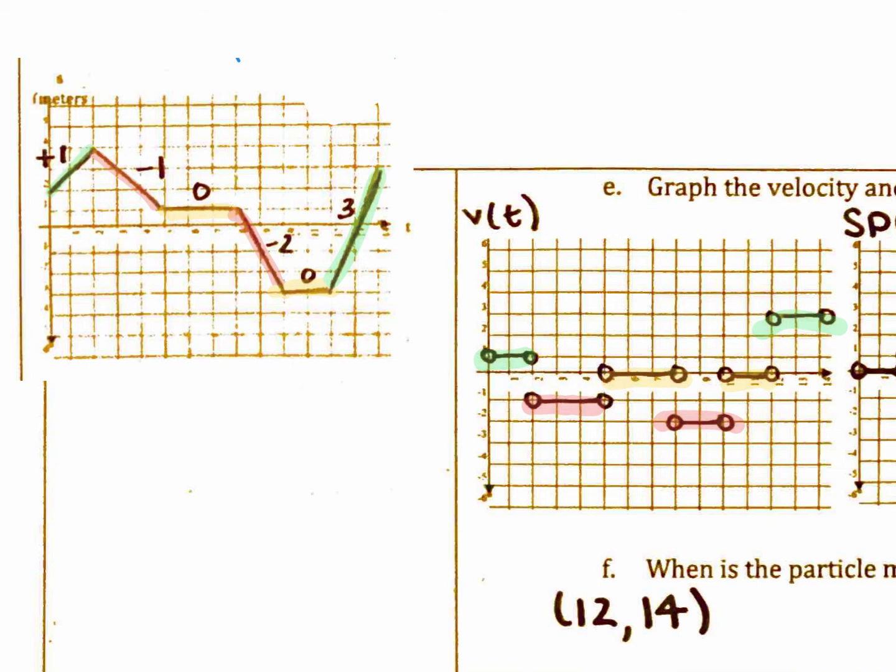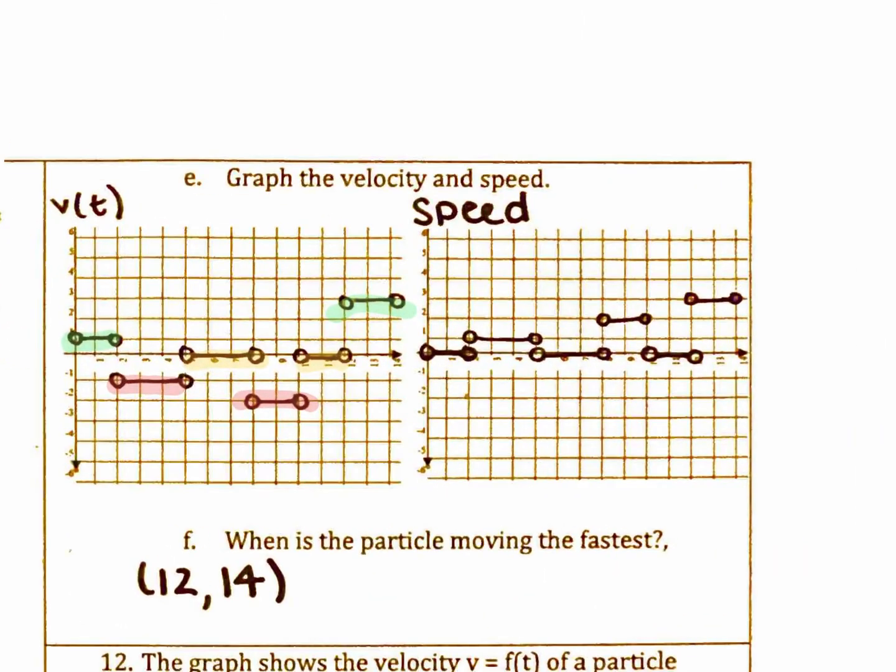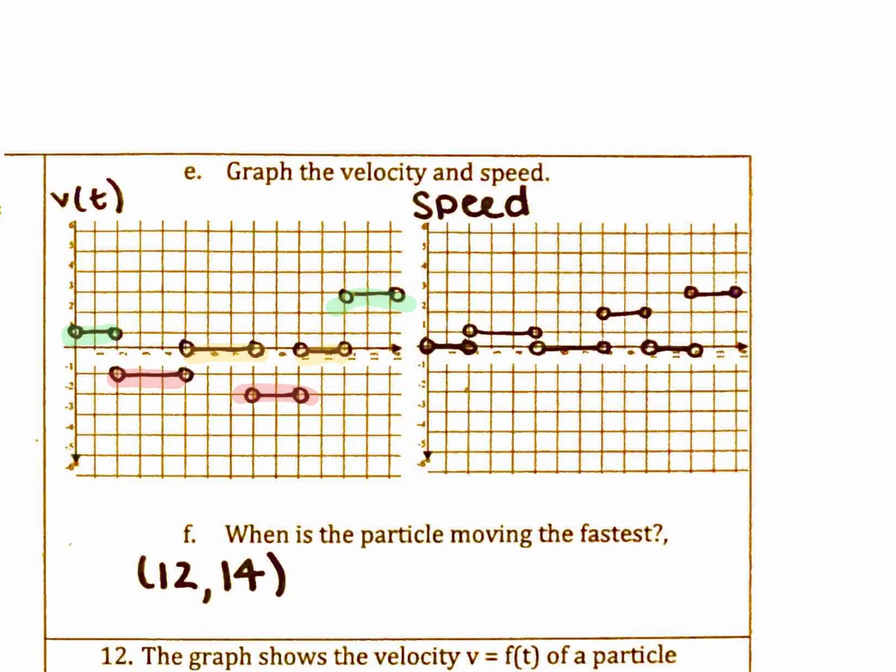I know these are constant velocities because this is a constant slope. Now with the speed function, all that's different is that I'm taking what was negative values and just making those positive. So really just these two portions here got flipped up above because we're taking the absolute value of velocity in order to get speed.